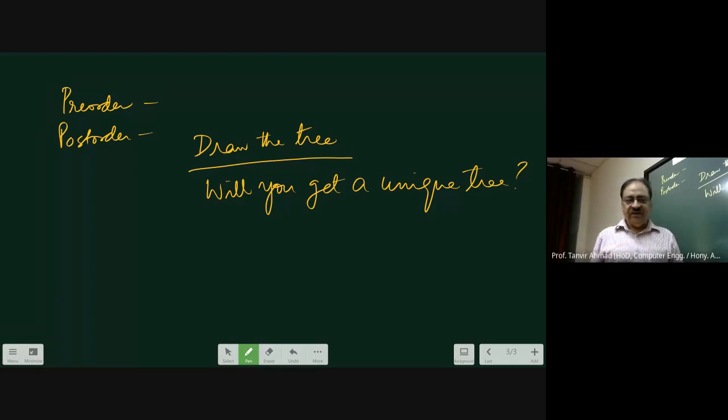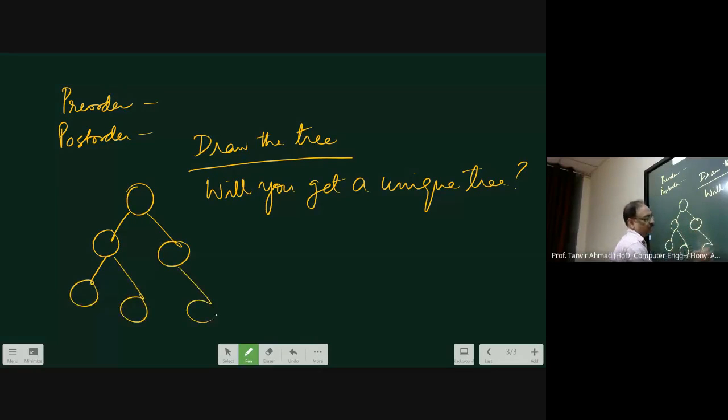a unique tree? You should practice, and what you can do is make a tree like this. Perform the pre-order traversal, and then perform the post-order traversal, and then with that you try to draw the tree.